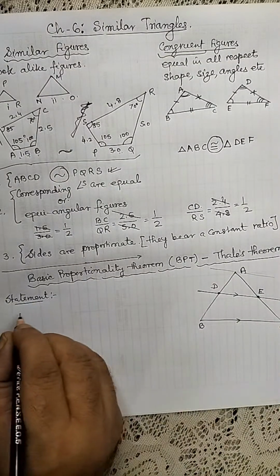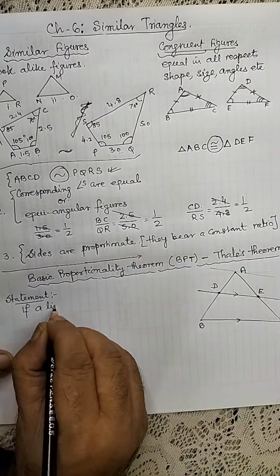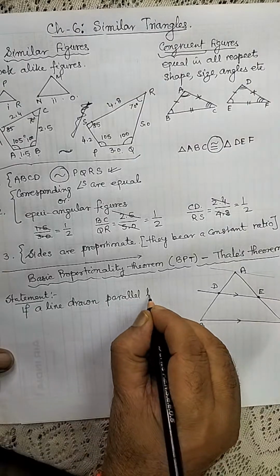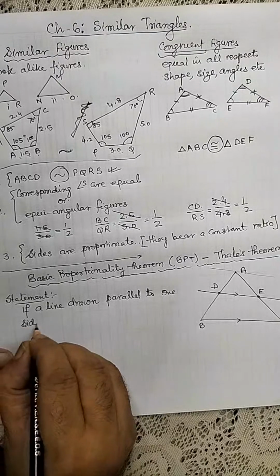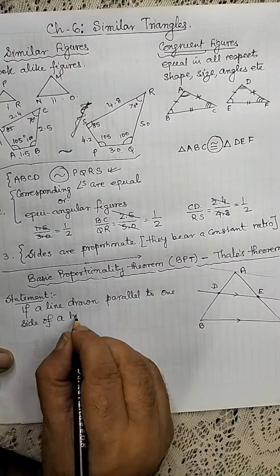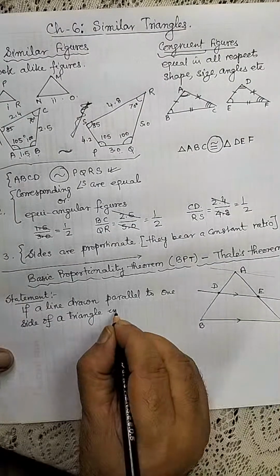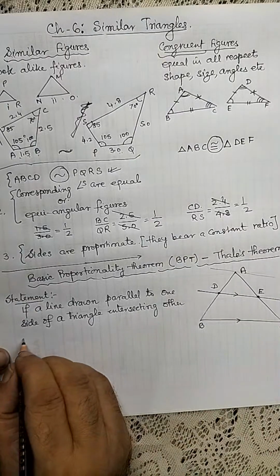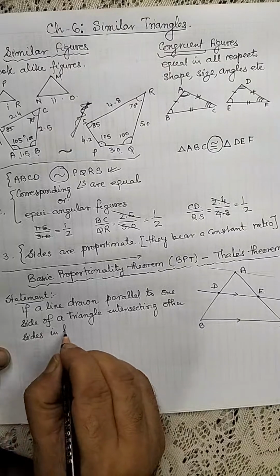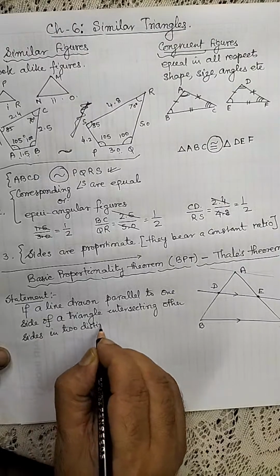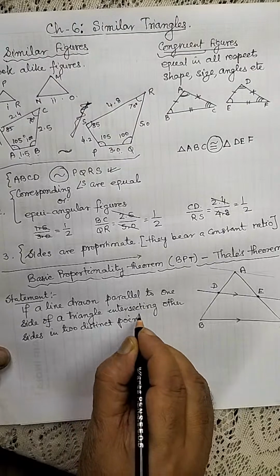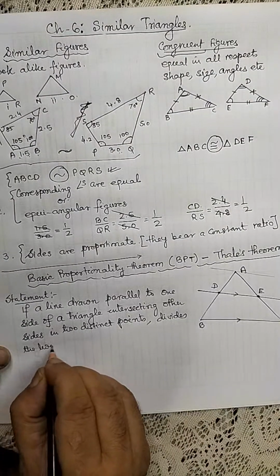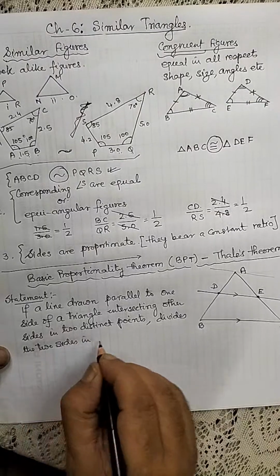So clearly the statement goes: if a line drawn parallel to one side of a triangle, intersecting the other sides in two distinct points, divides the two sides in the same ratio.